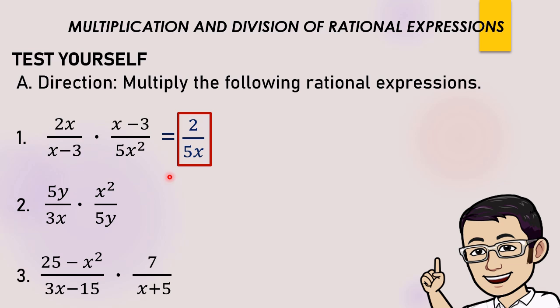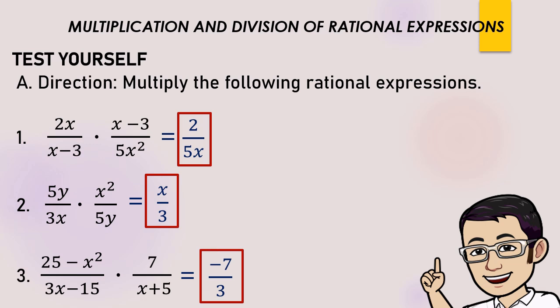For number 2, 5y over 3x times x squared over 5y. The product is x over 3. For number 3, 25 minus x squared over 3x minus 15 times 7 over x plus 5. The product is negative 7 over 3, or negative 7/3.